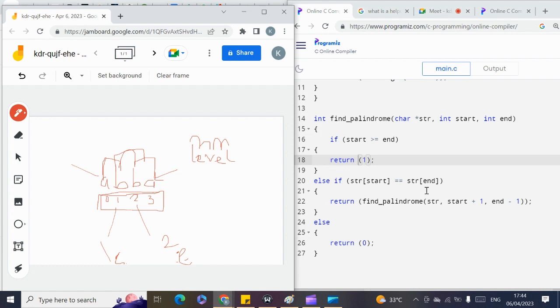We compare. Is it the same? If it is the same, increment start, decrement end. So this is kind of the beginning of the whole show. You're right.